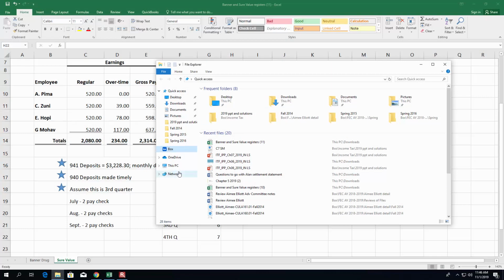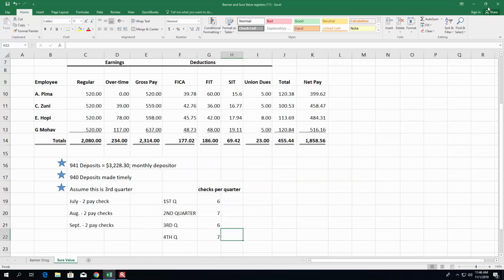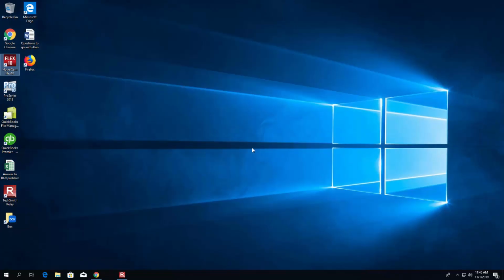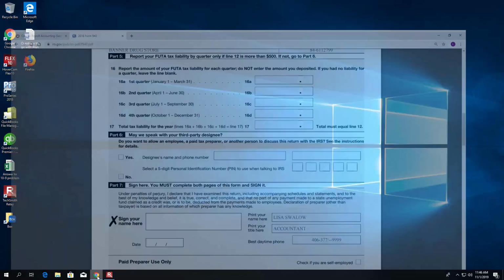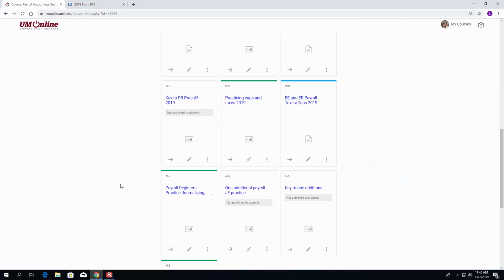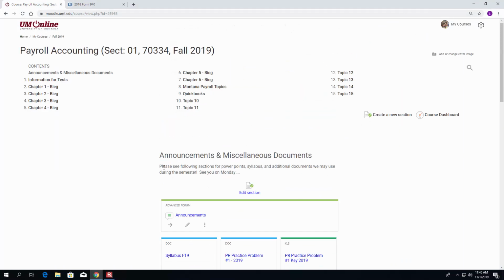What we're working on is journal entries to get the results of our payroll registers into our formal accounting system.